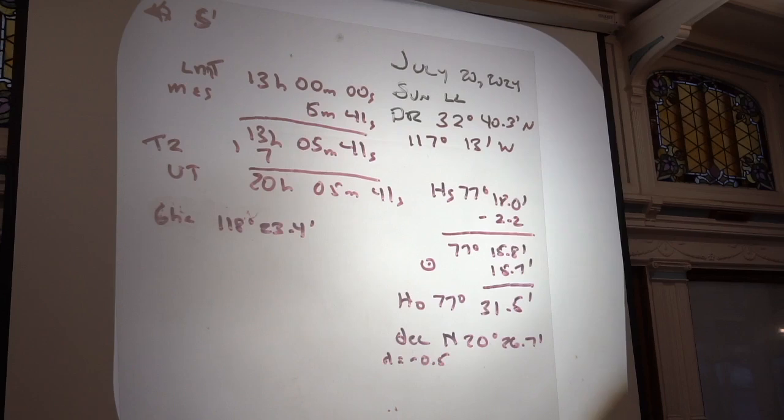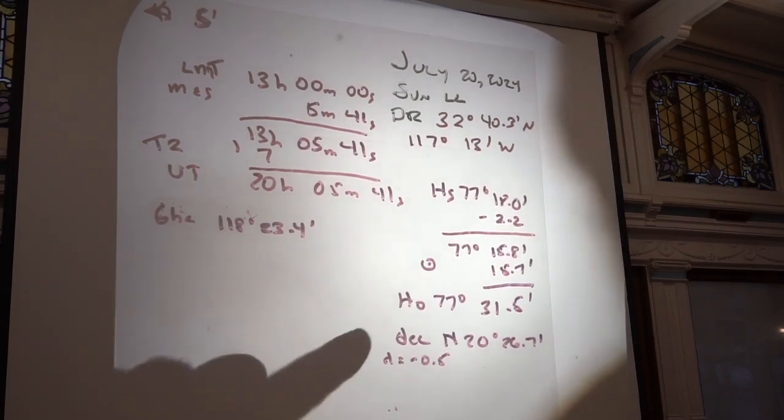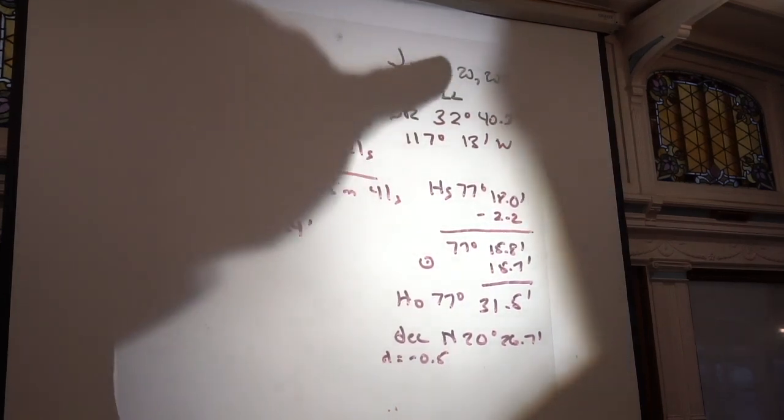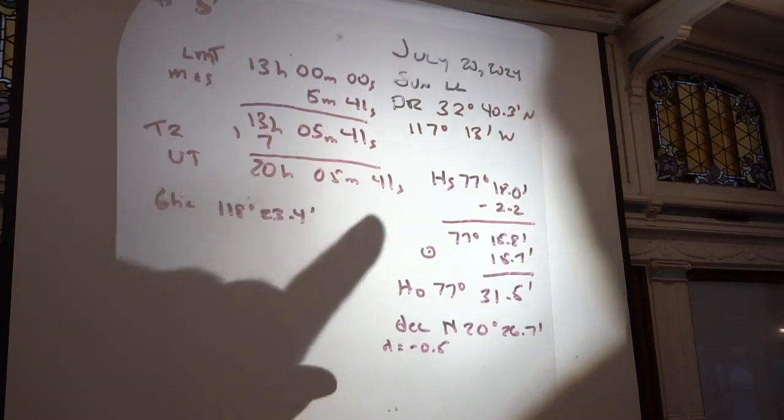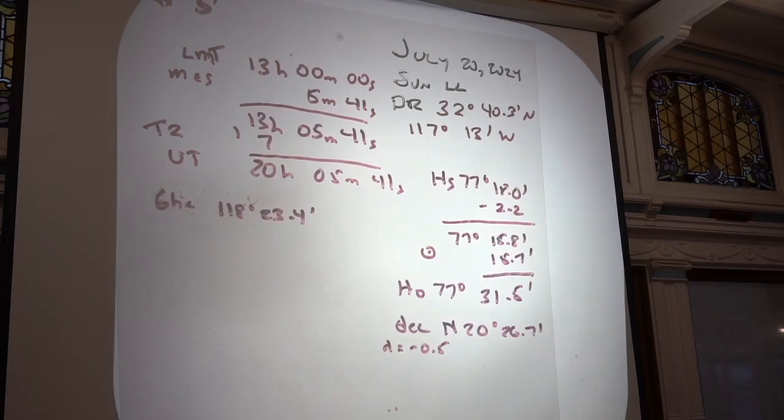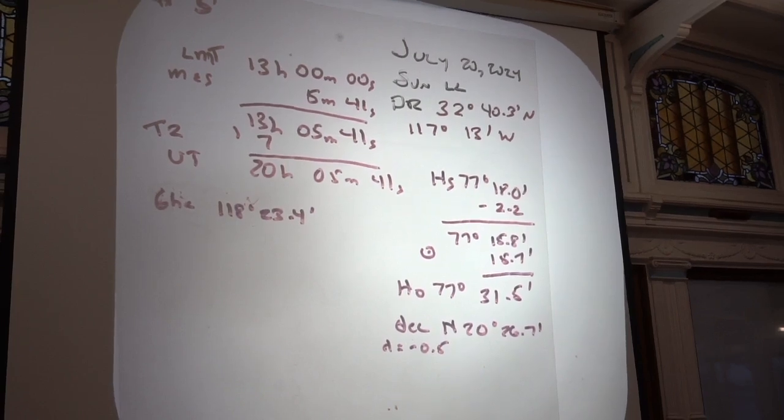Okay? So I found the GHA and the declination for the day, the 20th, and the hour, 20 hours. But I've got this 5 minutes and 41 seconds still to allow for. Because the sun has moved in that time, I go to the increments and corrections page for 5 minutes.